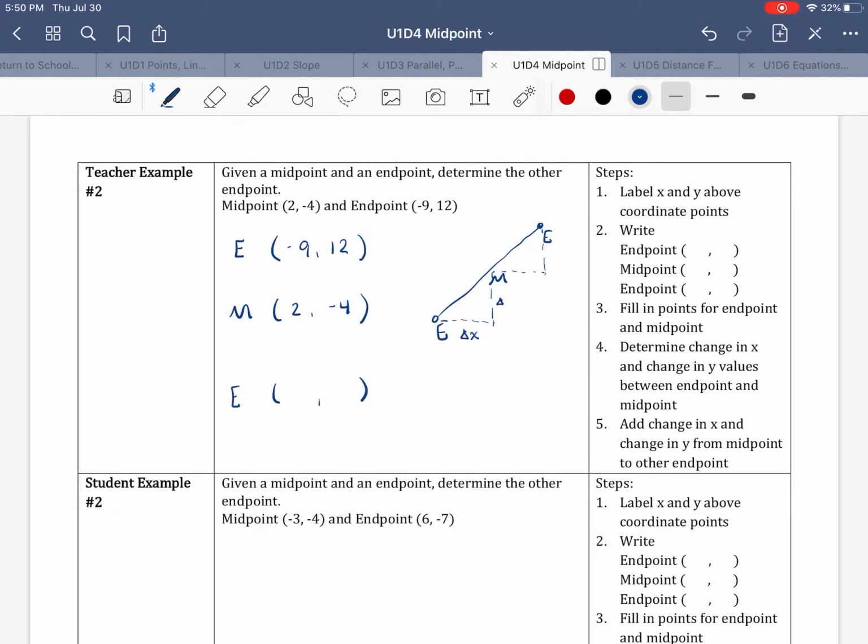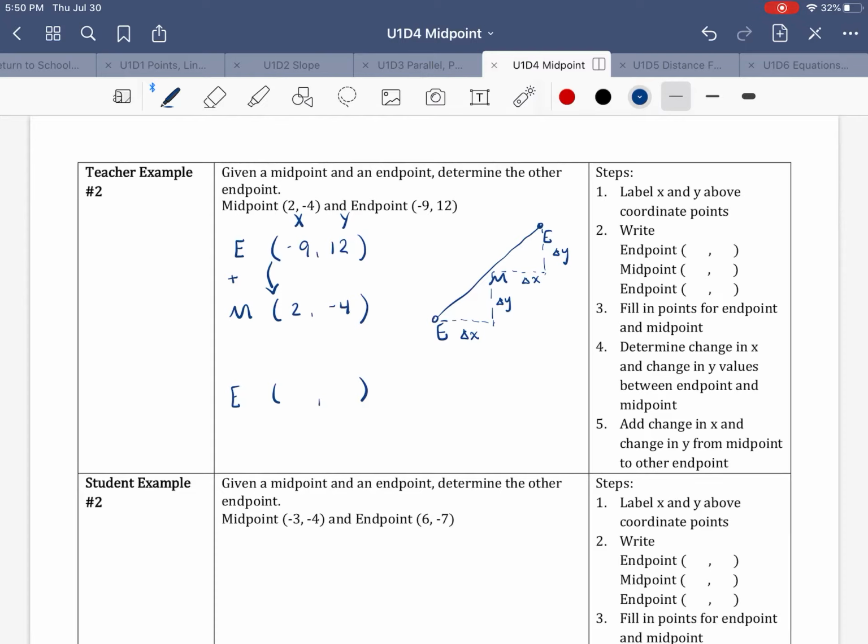So this is our change in the x, change in the y, change in the x, change in the y. What that means is if we think about, well, how does our x values change from endpoint to our midpoint? We're going from -9 all the way to 2. So that goes in the positive direction, how many units?